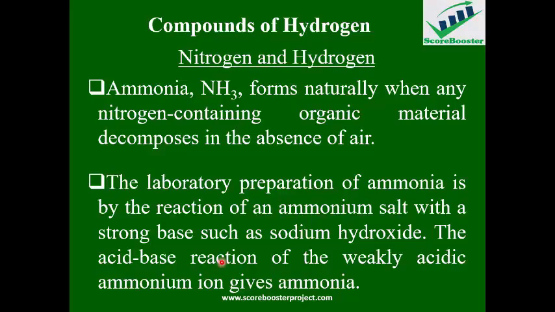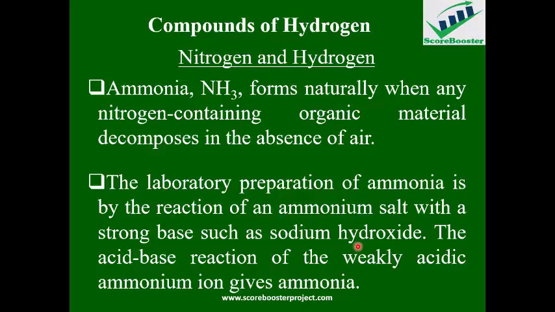There's going to be a reaction between the acid and the base, because the ammonium salt will act like a weak acid in this case. So you now react it with a strong base. Then there's going to be a chemical reaction like that. Then it gives ammonia.